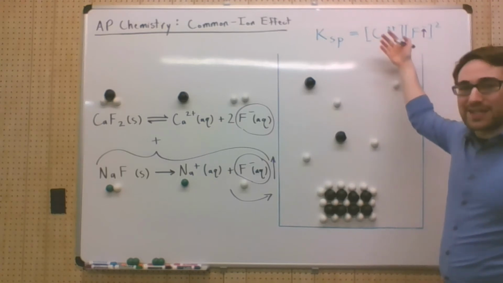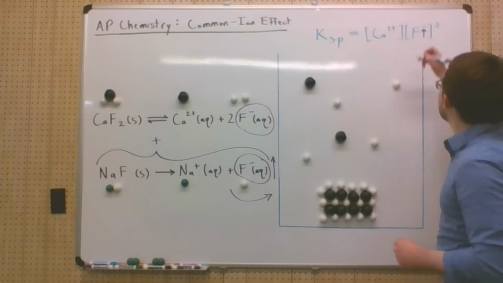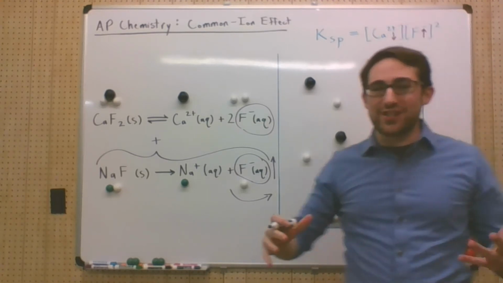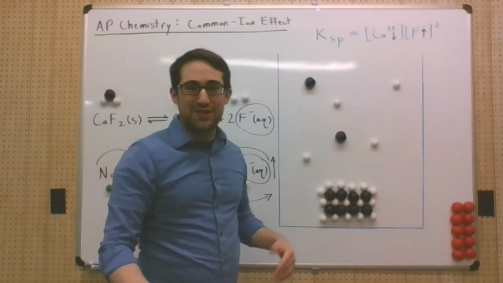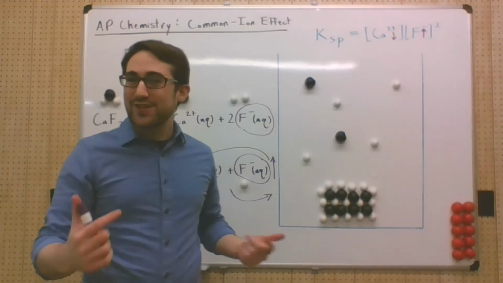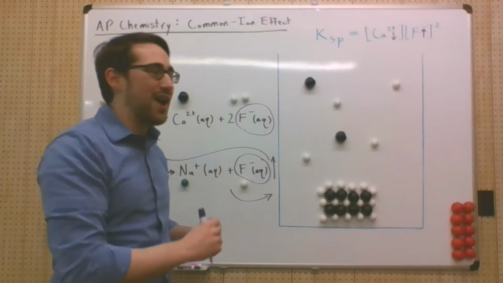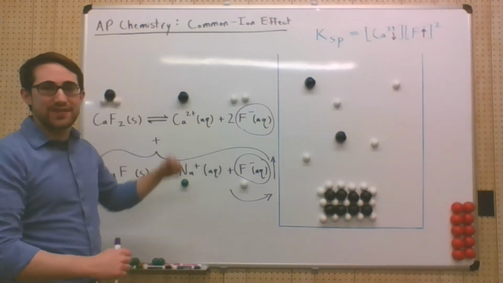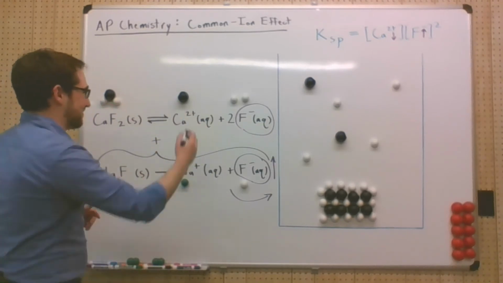Otherwise, my KSP is going to come out different. So my equilibrium is going to be shifting here. Well, which direction does the reaction need to shift in order to get my KSP to level back out to equilibrium? If I want to use up the Ca2 plus ions and put it back into a solid, I've got to drive this reaction to the left so that it favors the reactants even more than it already does.